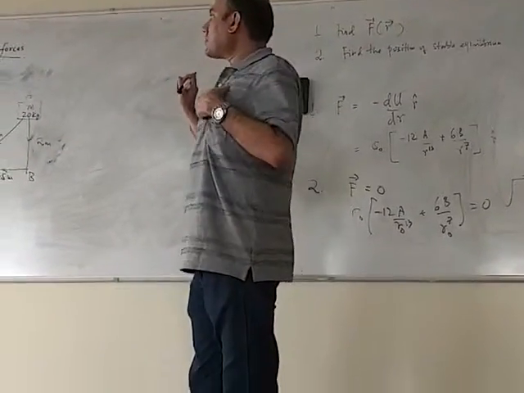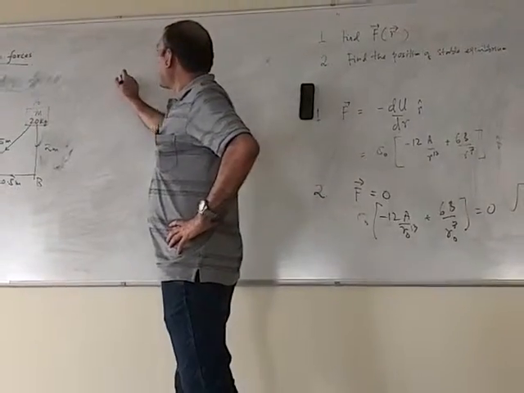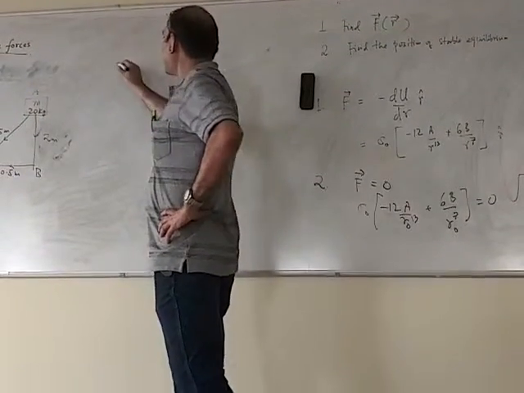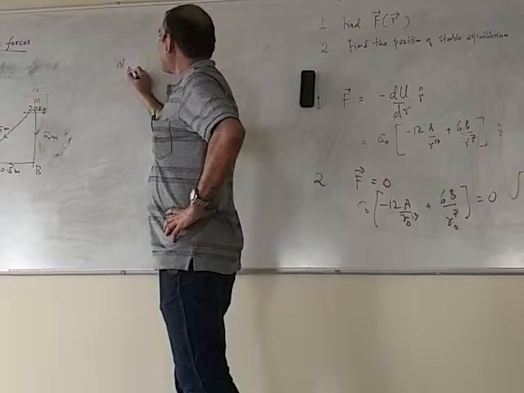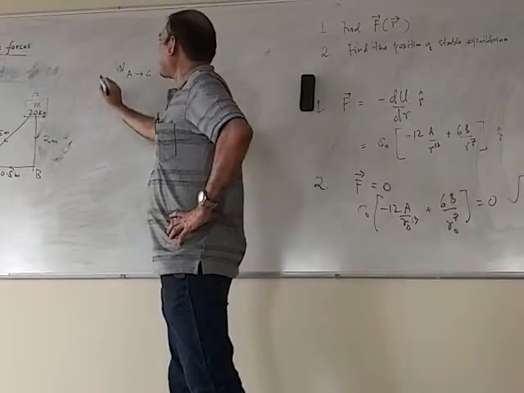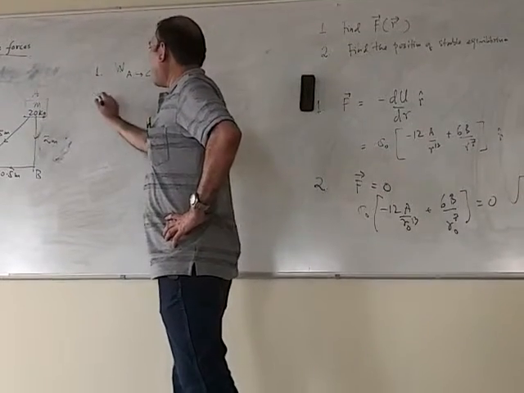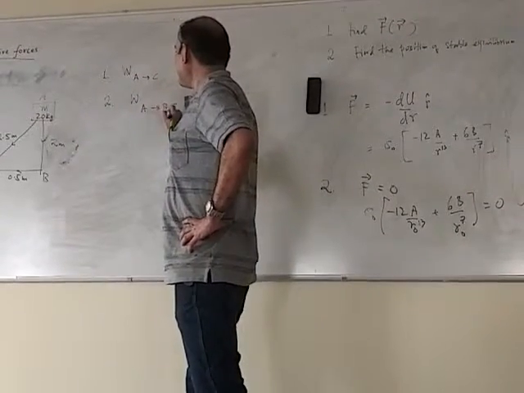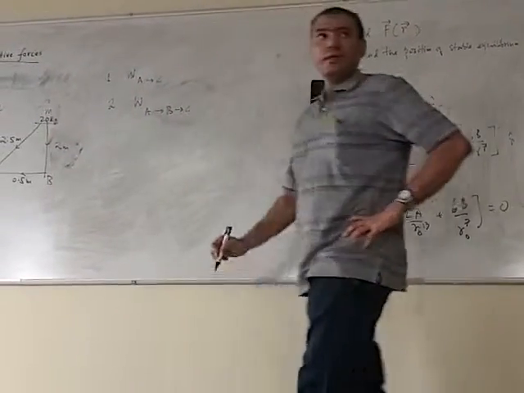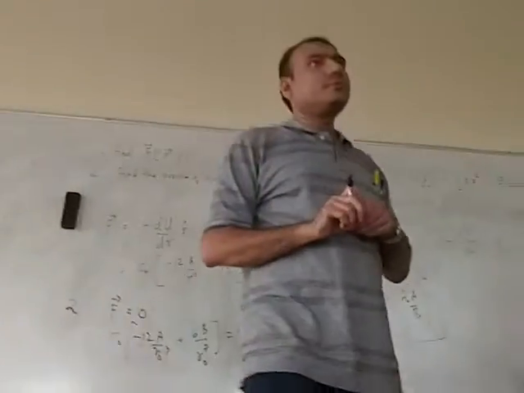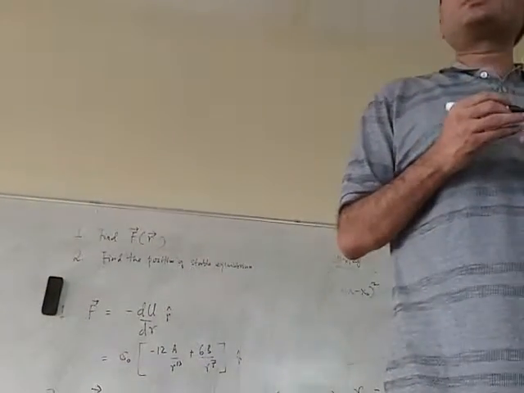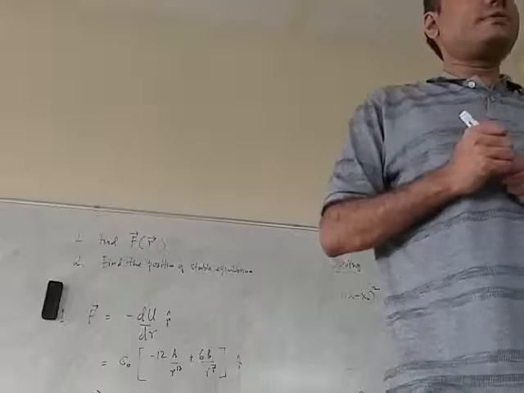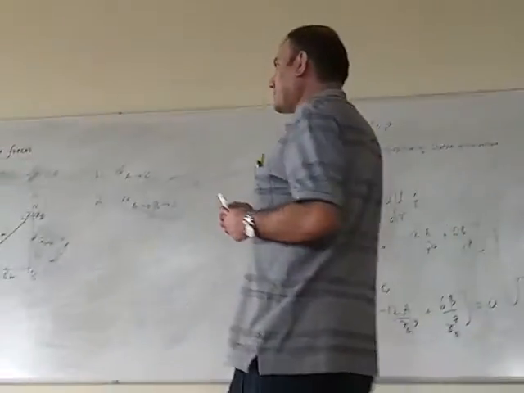So what do we do? We find out the work done from A to C directly, that's one. And number two, we find out the work done A to B to C. Had these two work dones been the same, then friction would be conservative. But you can check for yourself.